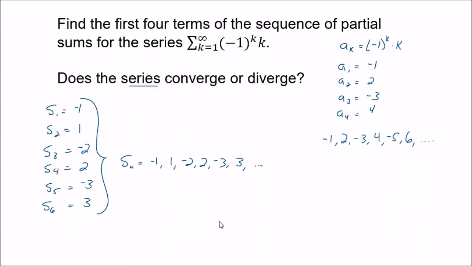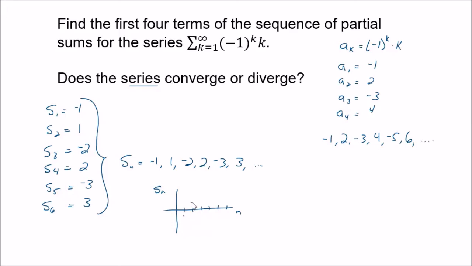Does that converge or diverge? Well, it certainly looks like it's not converging to anything. It's an interesting pattern that comes out of this when you look at the sums. But hopefully you can see, roughly, if this is S sub n, and this is n, when n is 1, you get -1.